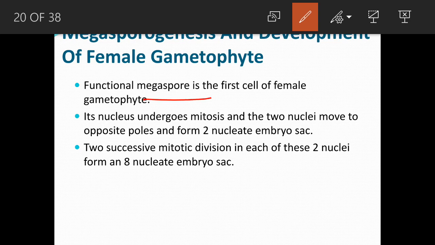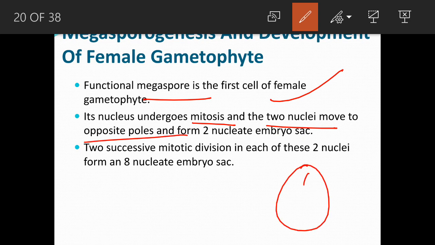This functional megaspore is the first cell of the female gametophyte. Its nucleus undergoes mitosis to form 2 nuclei, which move in opposite directions to form the 2-nucleate embryo sac.